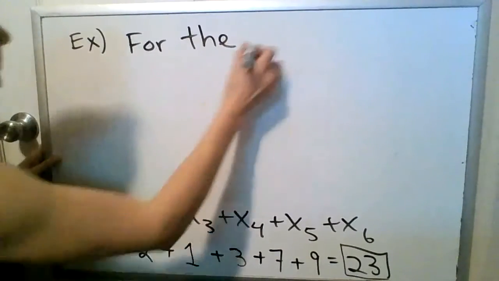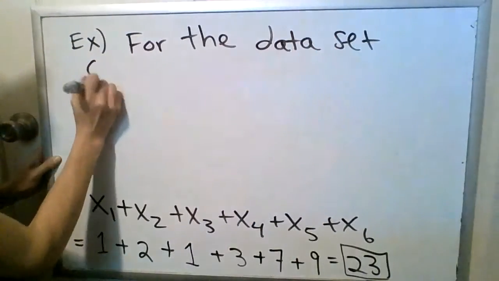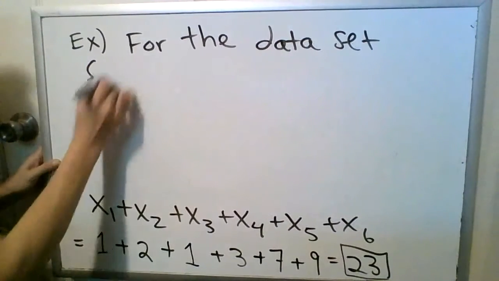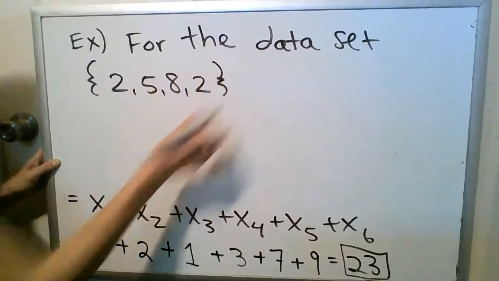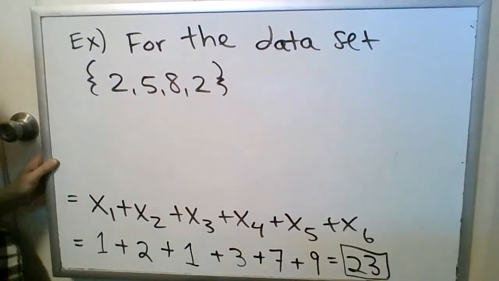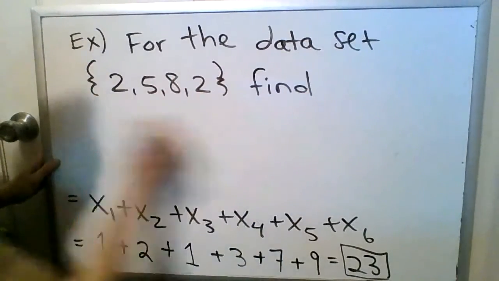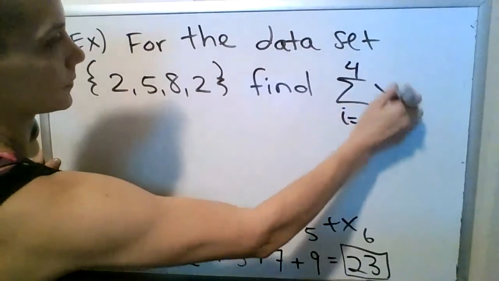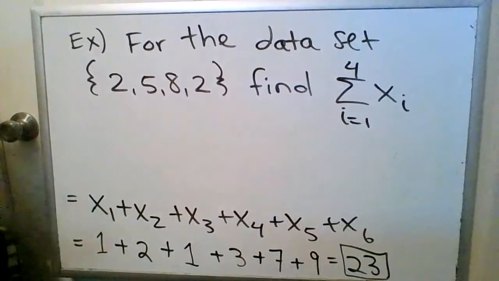For the data set that contains 2, 5, 8, and 2. Find the sum from I equals 1 up to 4 of x of I. Okay.